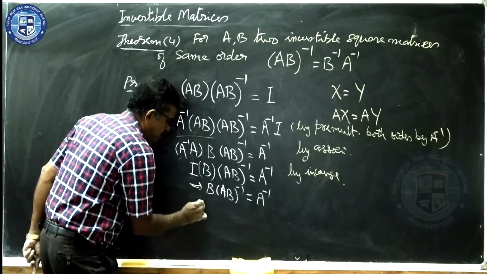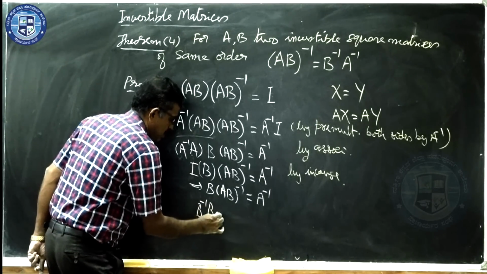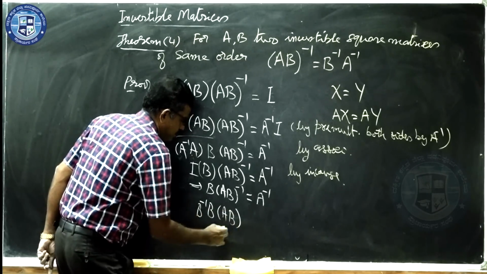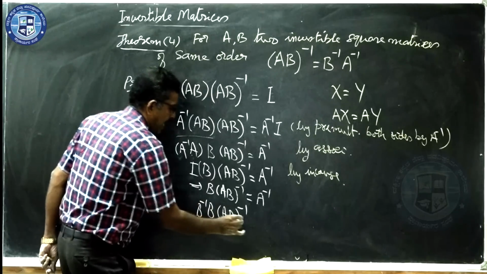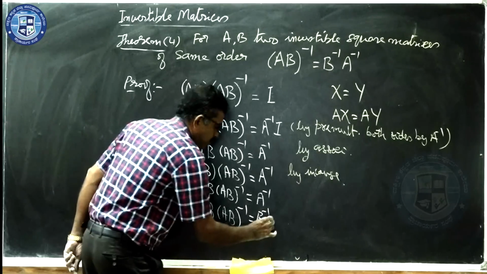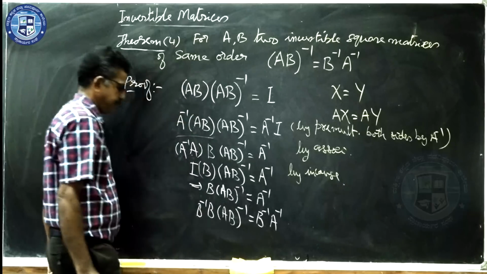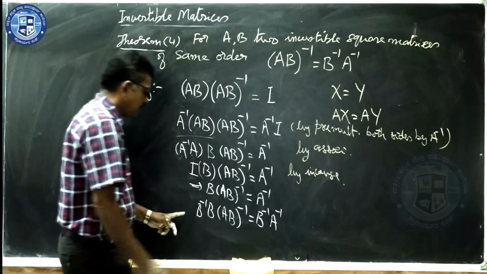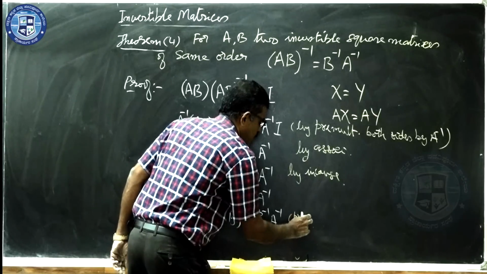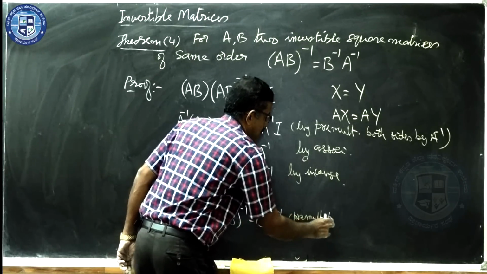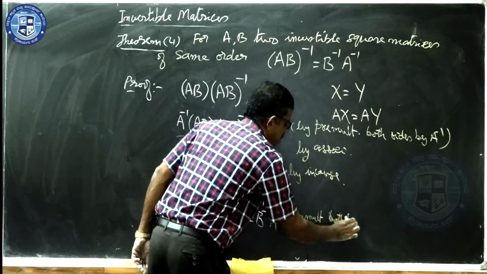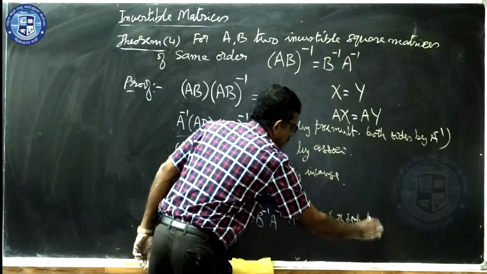So I'll write here B inverse into B, (AB) inverse, and that will be equal to B inverse into A inverse. What is the reasoning? Pre-multiply both sides by B inverse.